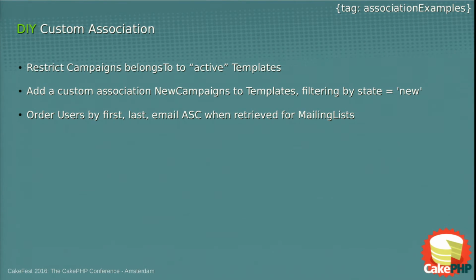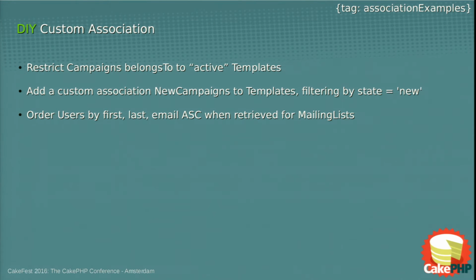Make sense? Imagine that you have an application and a dashboard, and you want to show the new campaigns on the left. You could write this as a query, like get me the new campaigns, or you could just get the templates, contain campaigns, new campaigns, and get everything in the same query.